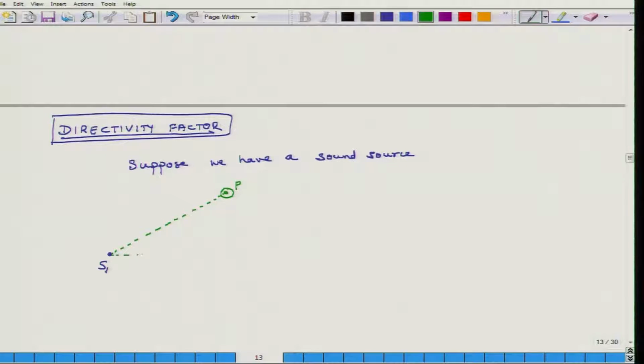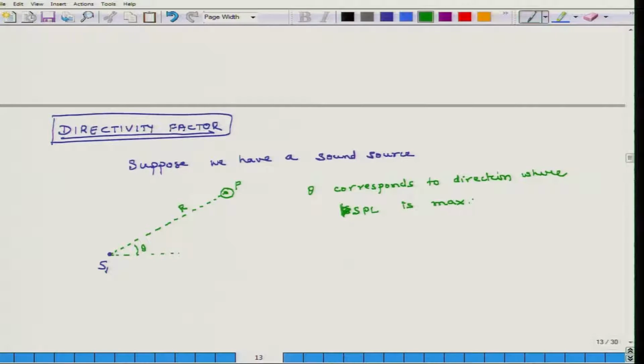The first thing to find the directivity factor is to find some angle theta. What is this theta? At some point P for a given radius r, theta corresponds to the direction where SPL is maximum.